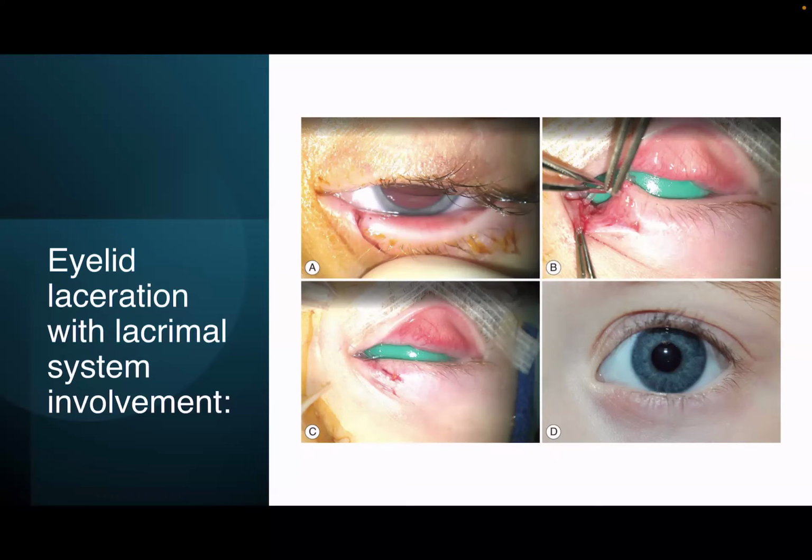The Mini Monoka has been inserted through the punctum, followed by suturing of the canaliculus tissue and then the skin over it, done successfully. In the last picture, figure D, the child is shown a few months after canalicular injury repair, without any scarring or complication.